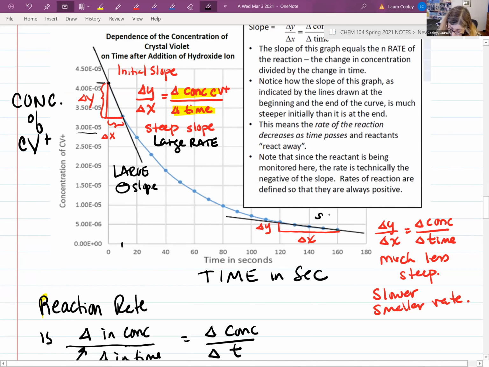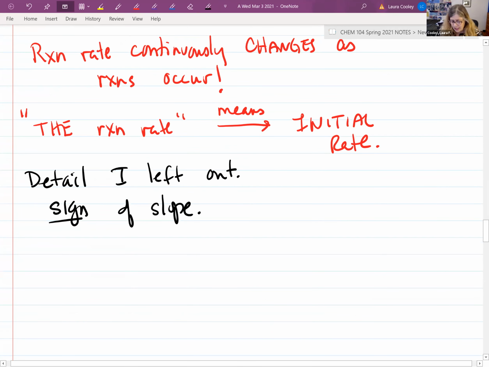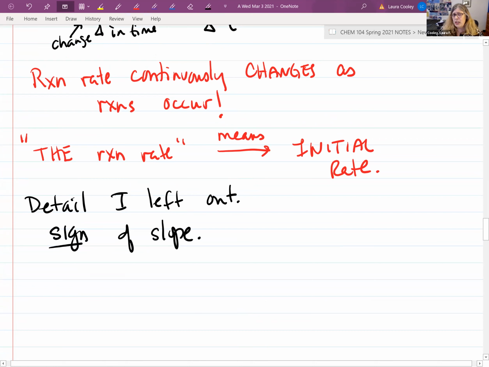This is a smaller negative slope. Okay, so why is that slope negative? Does that mean the rate of reaction is negative? No, that's not what it means. Rates of reaction we always think of as positive. But so what's the deal? Why is the slope negative?